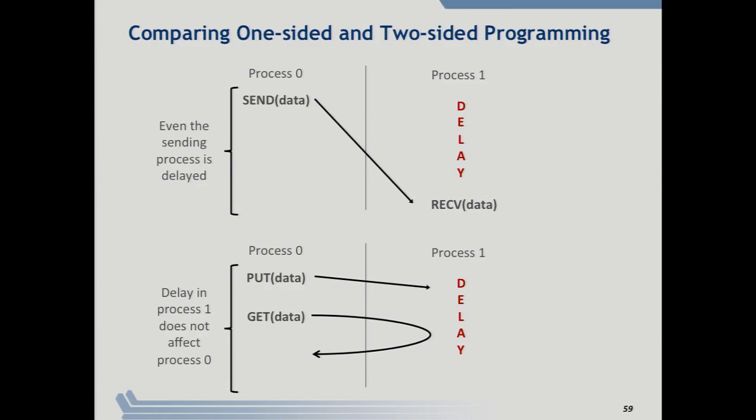we send data and we receive this data. So process 0 has to explicitly say what it's going to send. Process 1 has to explicitly say what it's going to receive. And then there's some delay in time over which this happens. In the one-sided model, a process either puts data or gets data in another process. That other process doesn't have to make any MPI calls.